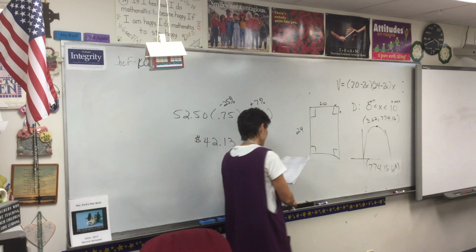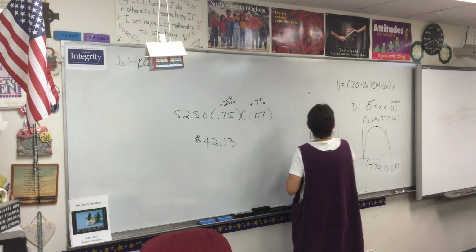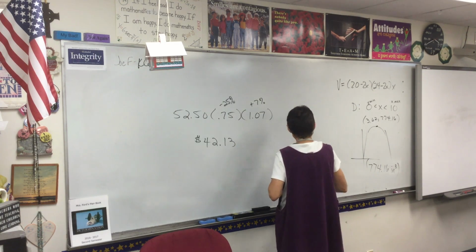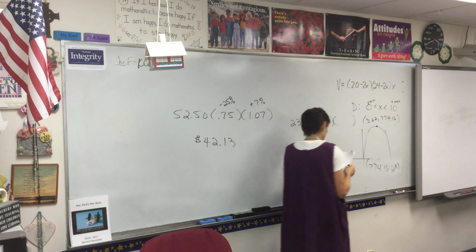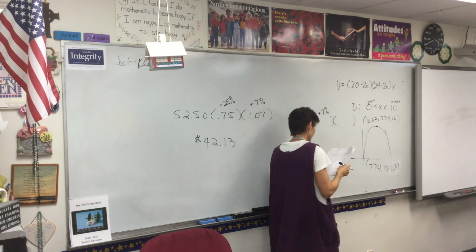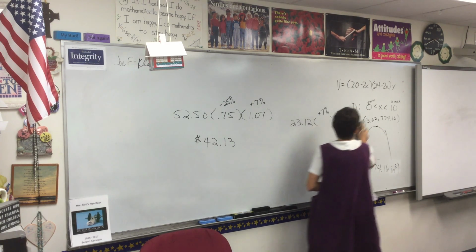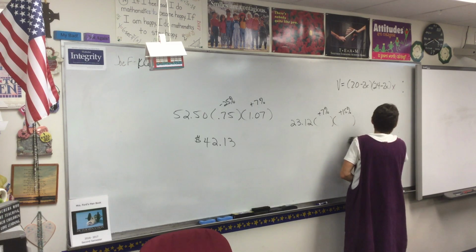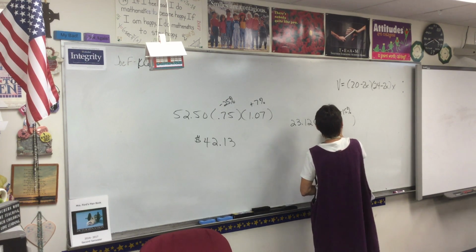All right, here we go. Find the cost of your restaurant meal if the food costs $23.12. Start with that number. And there's a 7% tax. And there's a 15% tip. So we're going to times by 1.07. Very good.